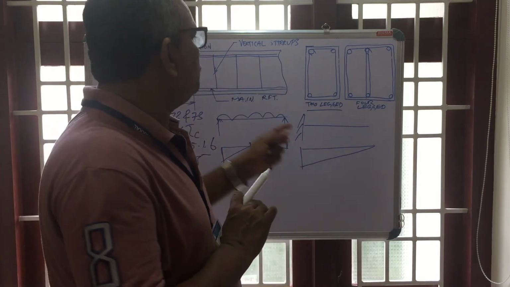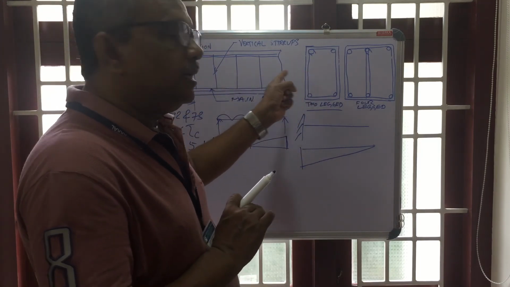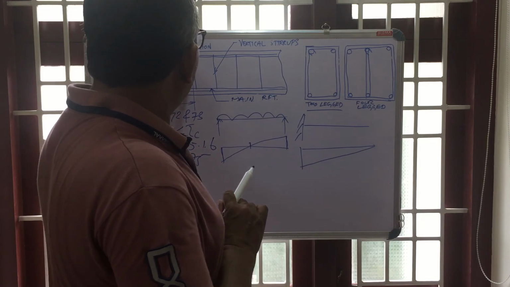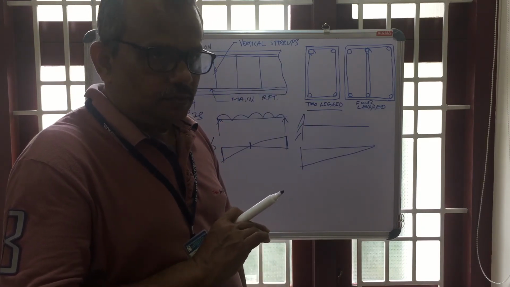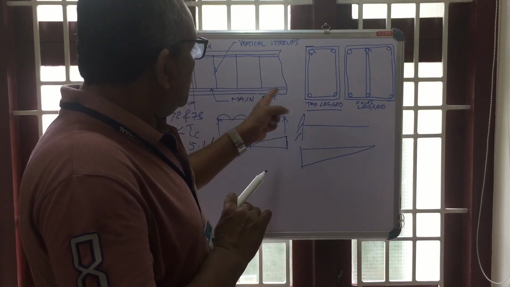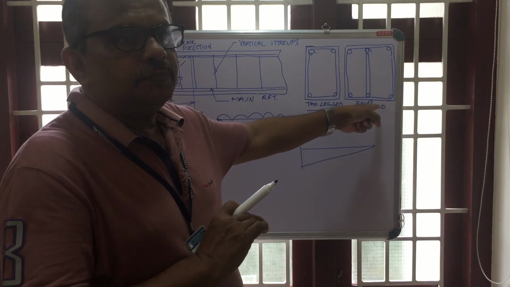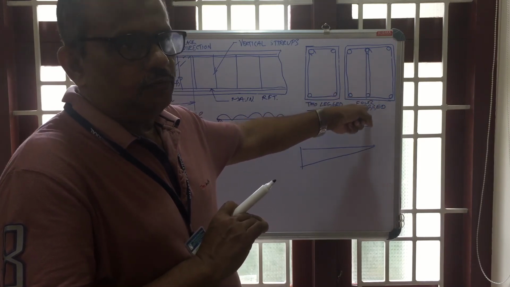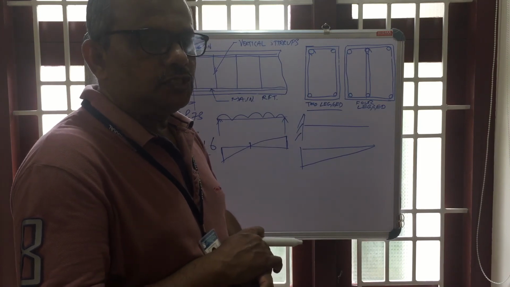So the shear reinforcements will be provided from the supports to the middle, with less spacing at the supports and more spacing near the middle of the beam. Okay, there are two types of stirrups, 2-legged and 4-legged, according to the design value of the shear stress. Okay, I think it is clear to you.